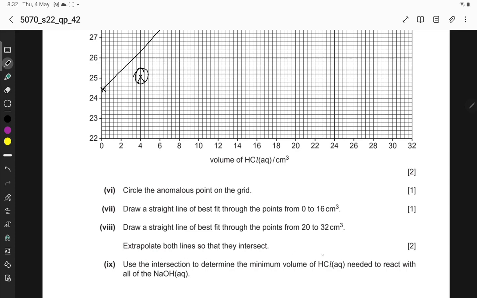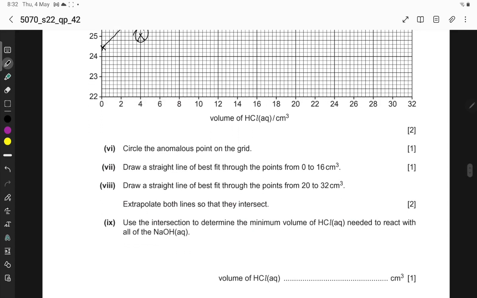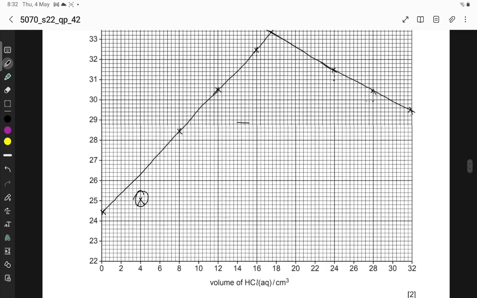Extrapolate both lines so that they intersect. Use the intersection to determine the minimum volume of HCl needed to react with all of the NaOH.